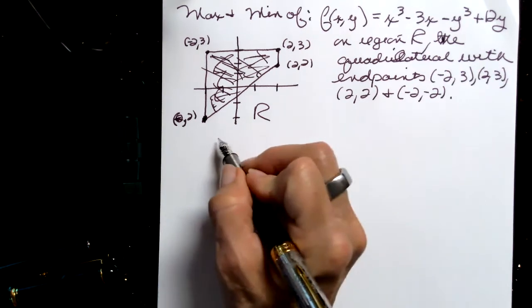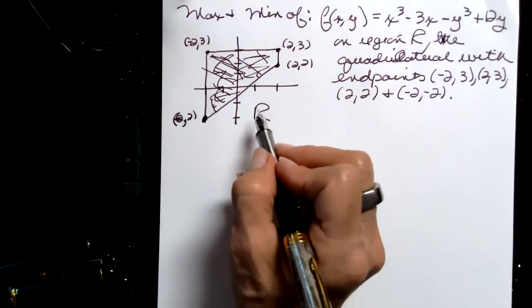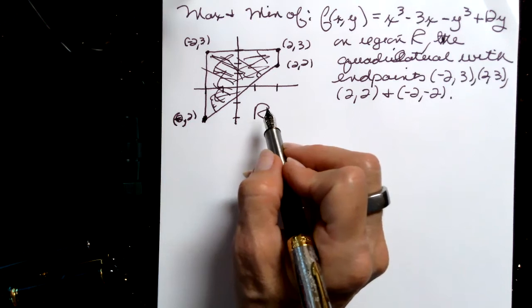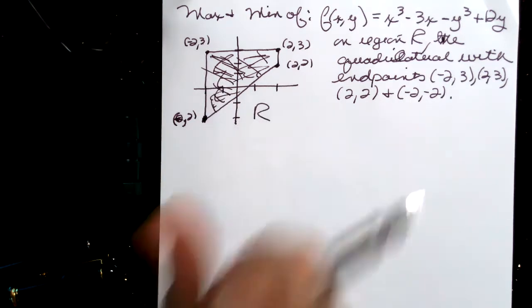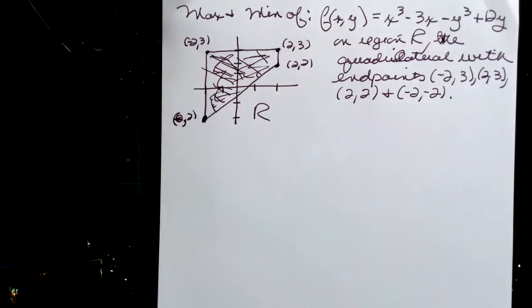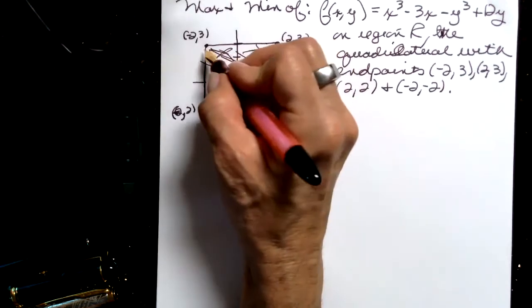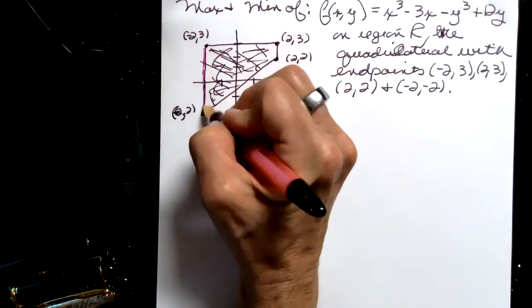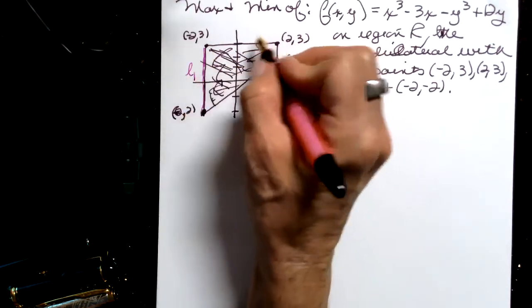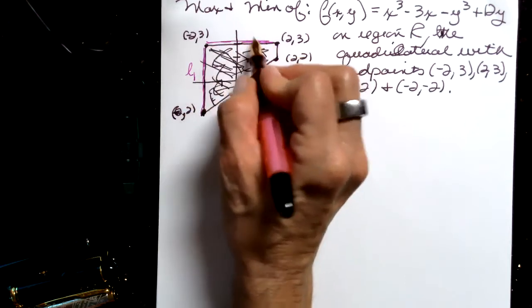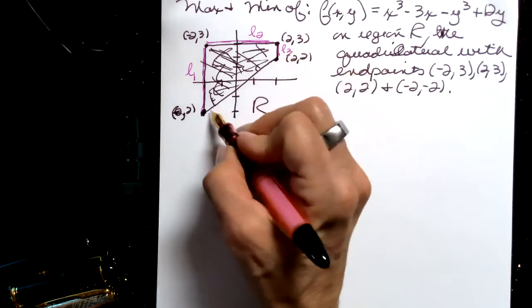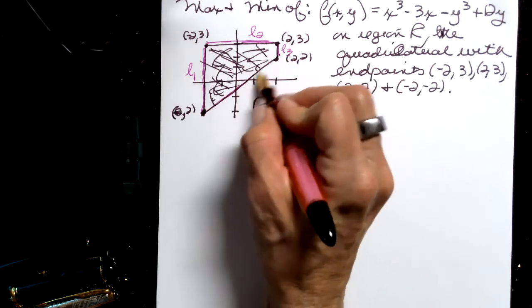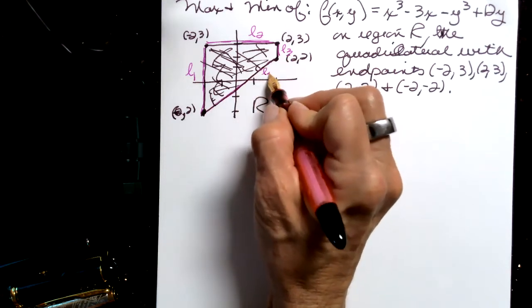Well, we know that the maximum has to occur either at a critical point in the interior or on the boundary itself. So we're going to have to characterize the boundary of this region, and that consists, in this case, of 4 separate lines. So let me call this one L1, this one L2, this little line right there L3, and this long slanted line L4.